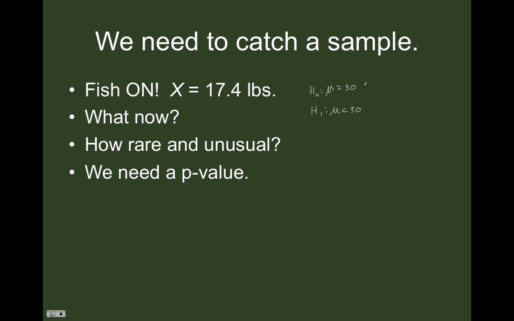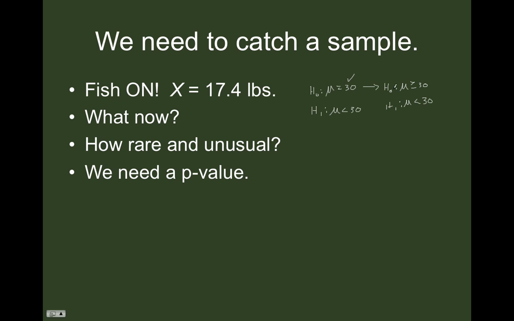I want to make one point here. I like to write the null with just an equal sign. There's actually two ways to write this null hypothesis. We can also write it as mu is greater than or equal to 30, and then the alternate is that mu is less than 30. Either way is correct.